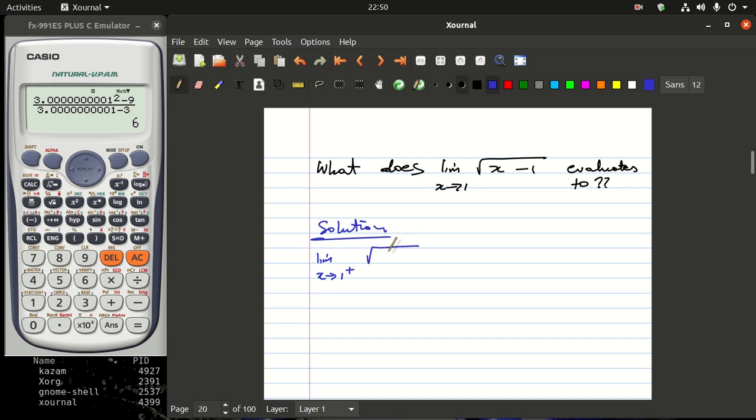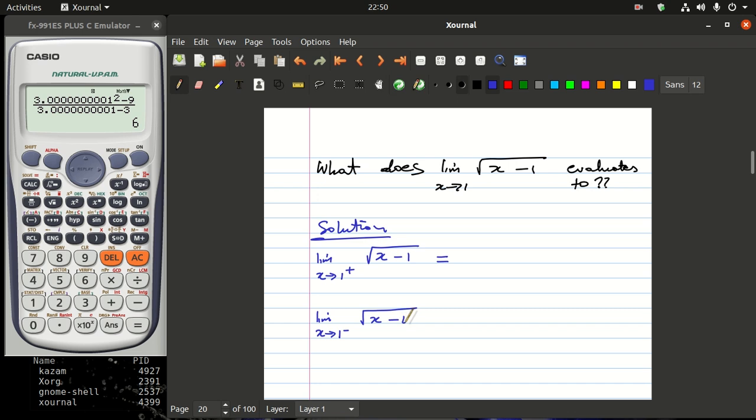So I'm going to have square root of x minus 1, and then I want to see what I'm going to get. And now I am also going to look at the limit as x approaches 1 on the left of this.